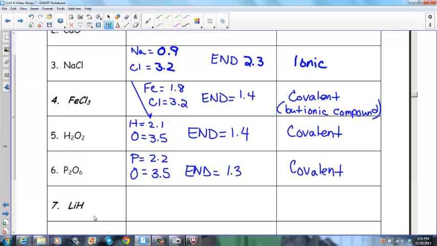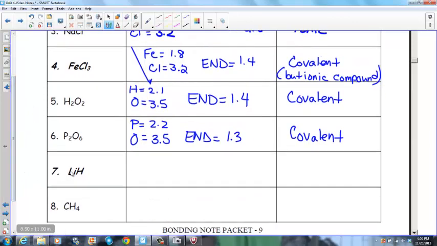Number 7, bold. Okay, so we're going to have the same concept here. Same example. What's happening here is we have a metal and a non-metal. So we're going to anticipate that it's ionic, but it's not going to be ionic in character. It is an ionic compound, but based on the electronegativity difference, it is not. So what we're going to do is look up our electronegativity values.